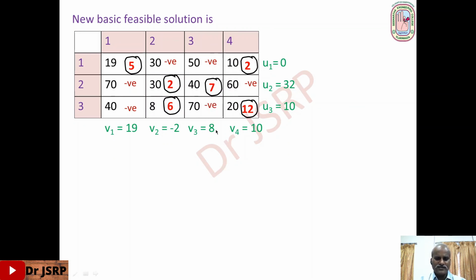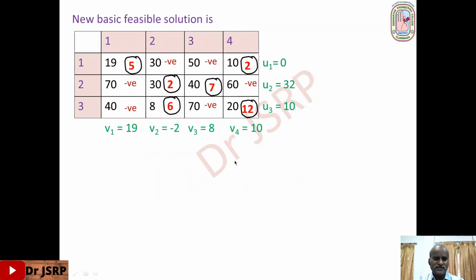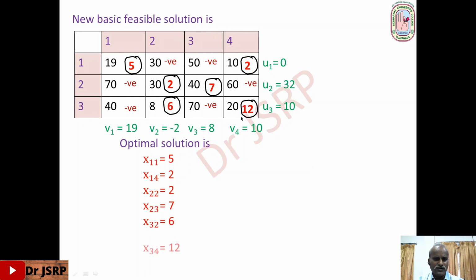Okay. Right. Verify the optimality condition. All Pij's are less than or equal to 0. So the optimality condition is satisfied. So the present solution is an optimal solution. The optimal solution is X11 = 5, X14 = 2, X22 = 2, X23 = 7, X32 = 6, X34 = 12.